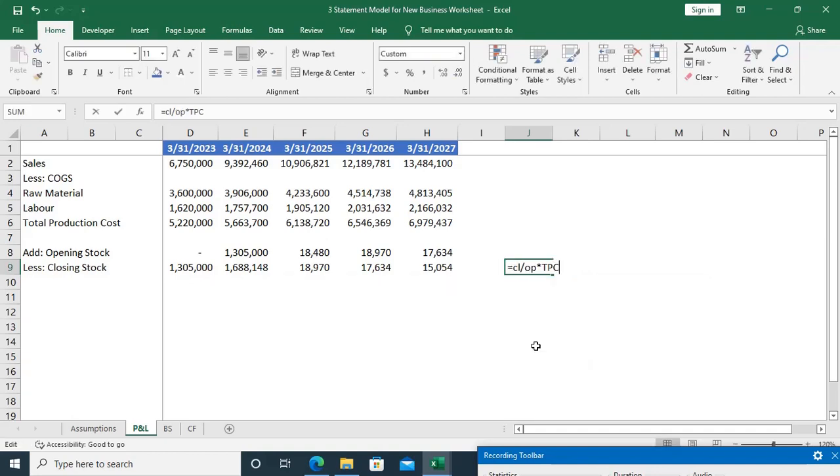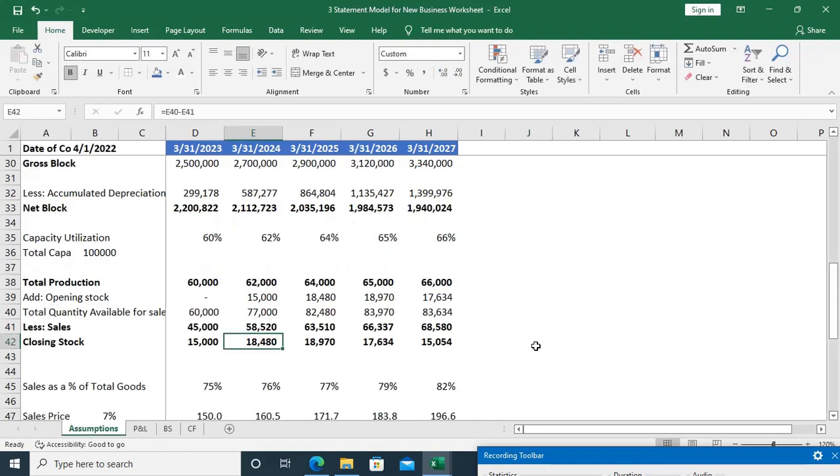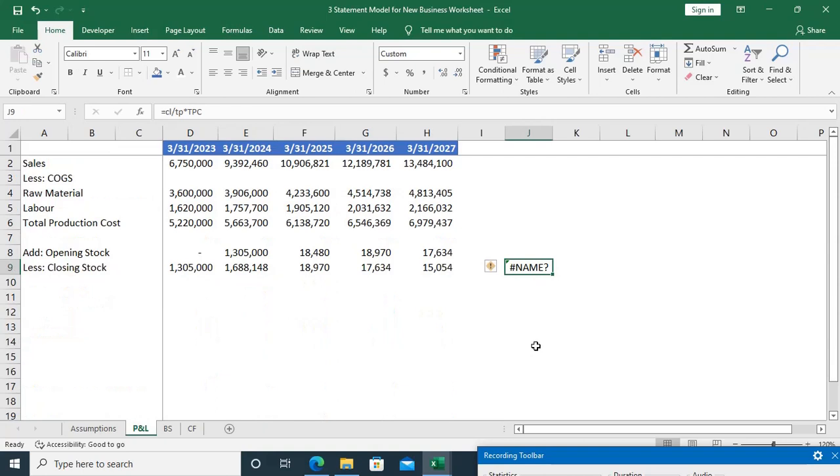Now it is correct. Closing stock divided by total production into total production cost. This is the total production data I have taken. So opening stock divided by total production multiplied by this production cost I am taking.